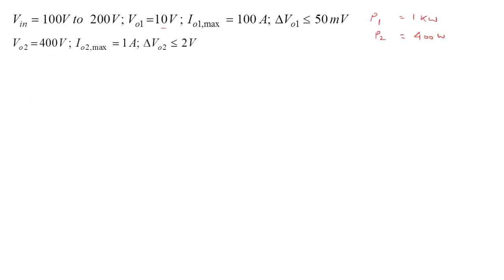Okay, so I'm going to design a full bridge isolated DC-DC converter. And once again, from the relatively higher power level, and also from the fact that in a full bridge converter the filters see twice the switching frequency as the effective frequency, I will choose a frequency of 100 kilohertz.